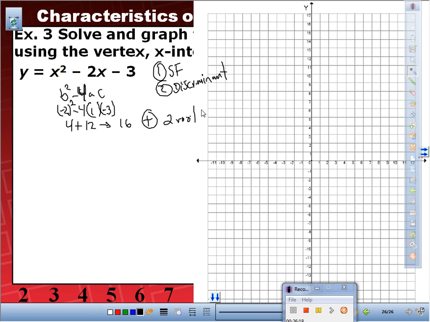Pass it to someone. Okay, Jose? Okay, California part. Negative B over 2A. Minus negative 2 over 2 times 1.